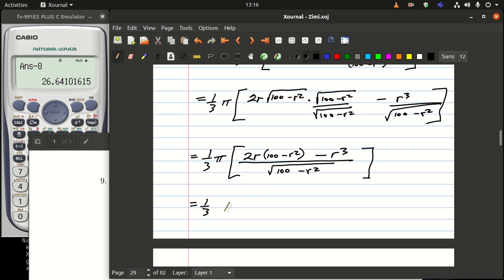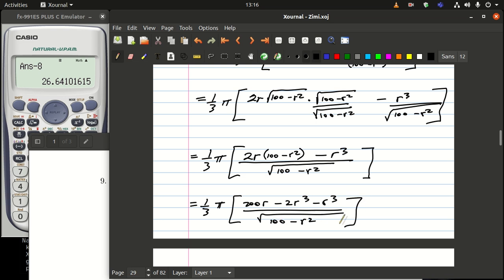We have 1 over 3 pi, and then inside we'll end up having 200r minus 2r cubed minus r cubed, all over the square root of 100 minus r squared.